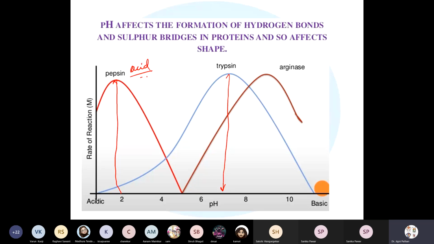If the same enzyme pepsin is present somewhere in basic media, the activity is destroyed. They remain inactive. Trypsin can be active between pH 6 to 8. They do not show activity in acidic media. Please do draw this graph. Any doubts?